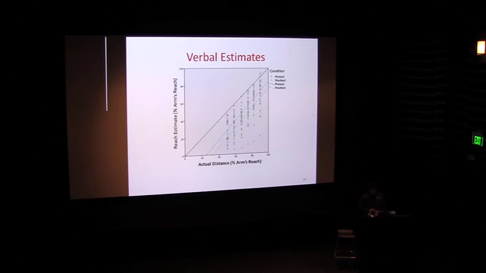Let's look at the verbal estimates. The verbal estimates overall show a higher amount of variance in the data and massive underestimation as compared to the physical reach responses. And we find that there is no difference in slope between the linear regression profiles before and after the calibration phases, but there is a significant difference in intercept.